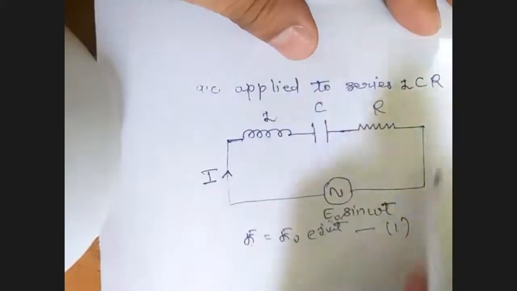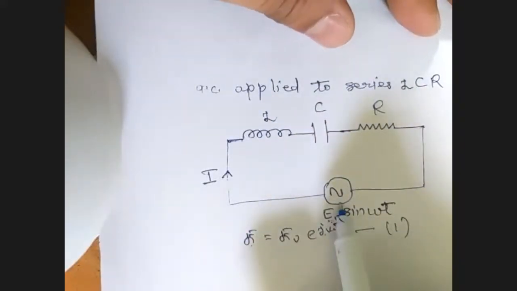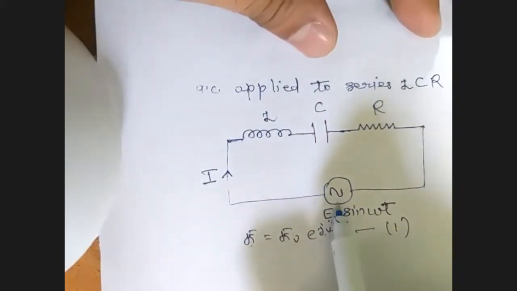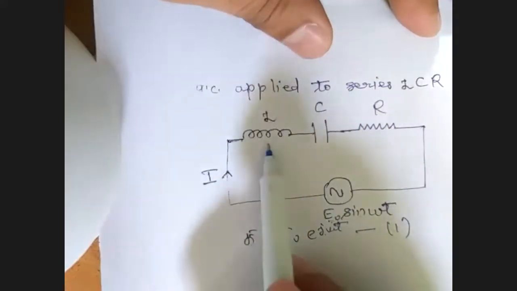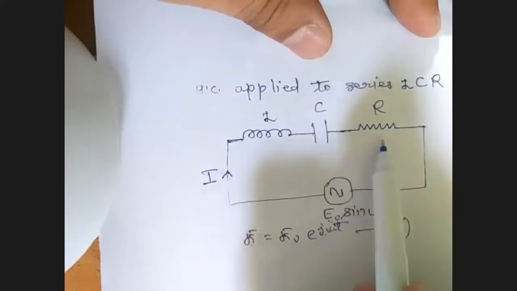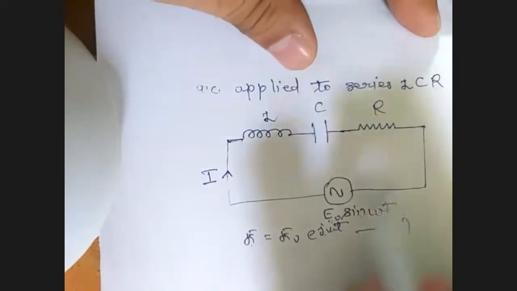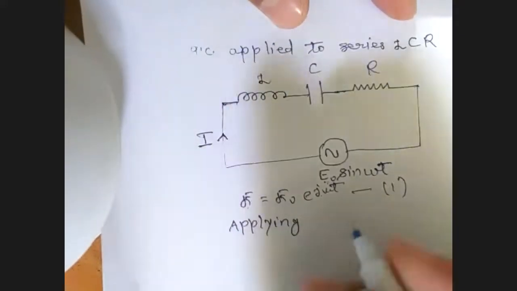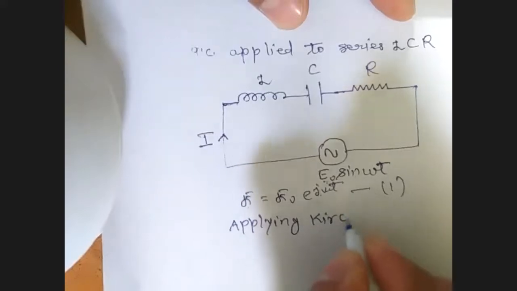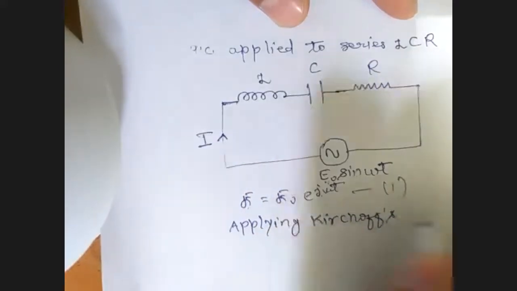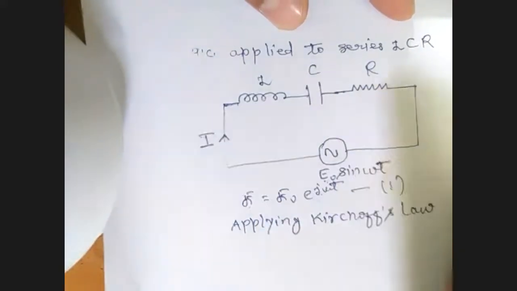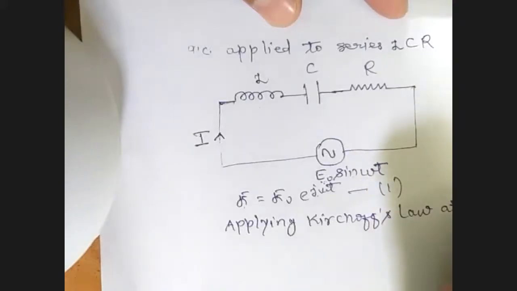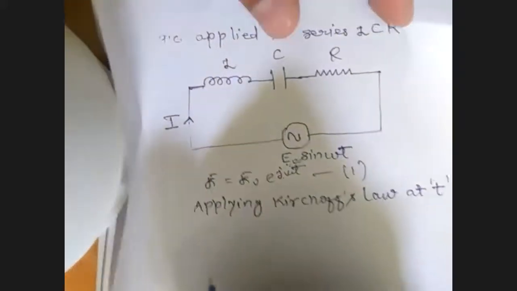So this is LCR. We know that this is signal, and now this voltage will get dropped across L, across C, as well as across R. So applying Kirchhoff's law at any instant t, what we are going to get?